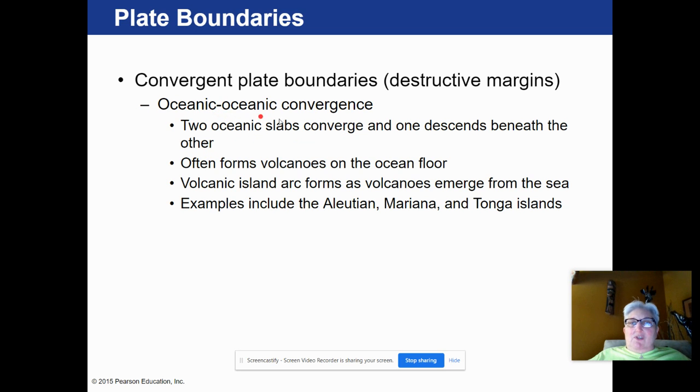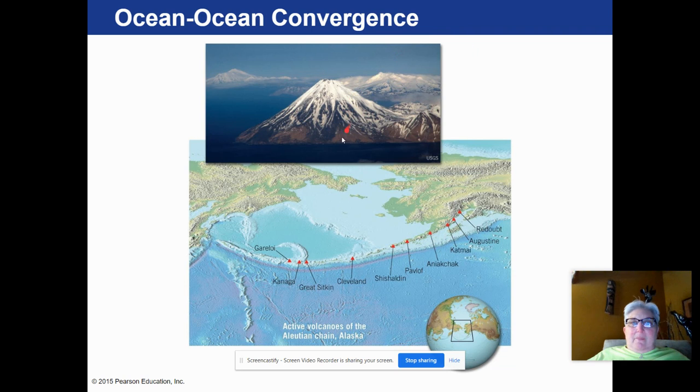We have what's called oceanic convergence. And this often is going to form our volcanoes. So that's something else that you can take a look at if you're interested in things like that. You see a lot of active volcanoes that are right along the plate lines.